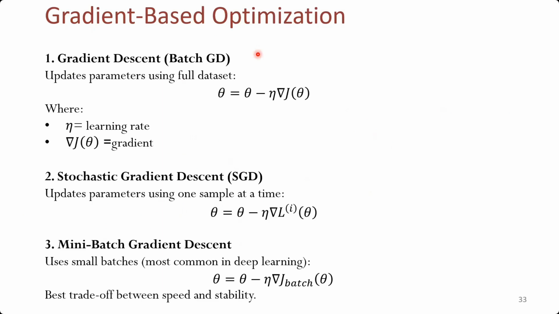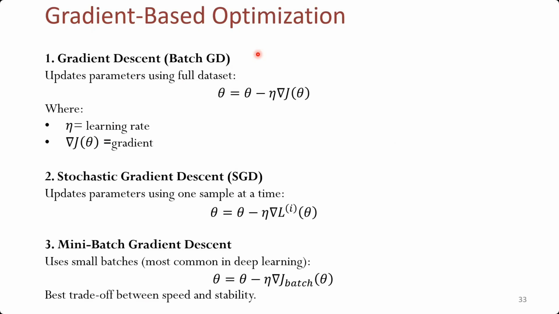The first is gradient descent, also considered batch gradient descent. It updates the parameters using the full data set. When we use the entire data set to find those parameters, that becomes the gradient descent algorithm.